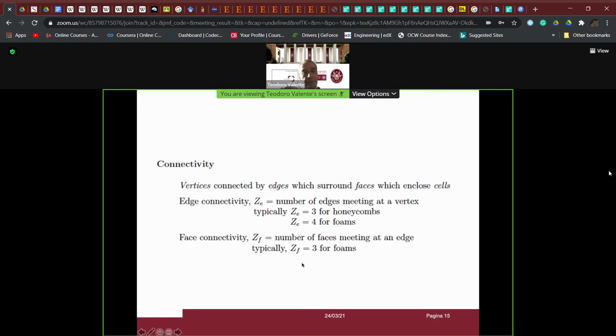Typically, but not exclusively, for foams, ZF is equal to 3. With respect to the edge connectivity, typically, but not exclusively, ZE is equal to 3 for honeycombs.